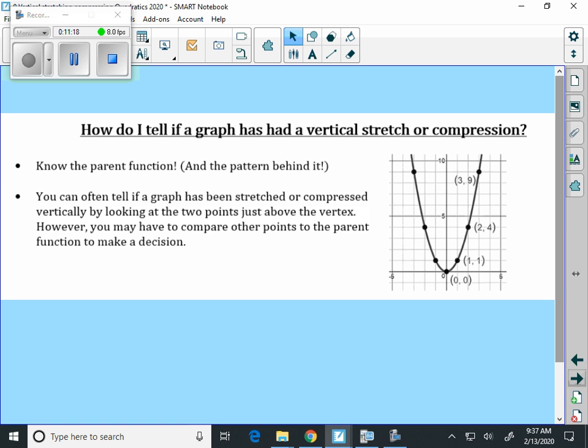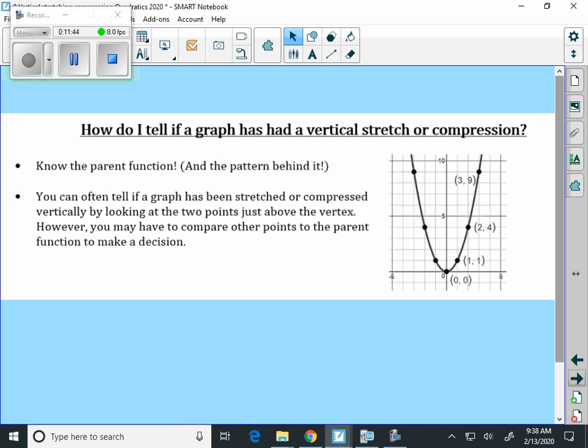And you've heard me talk about some of these points already. (0, 0), (1, 1), (2, 4), (3, 9). One space to the right and one up. 2 spaces to the right and 4 up. 3 spaces to the right and 9 up. It could be 4 spaces to the right and 16 up. This is the pattern over here of the parent function that's given.